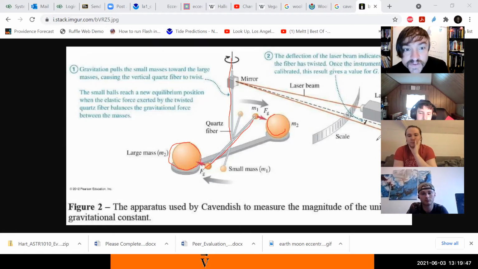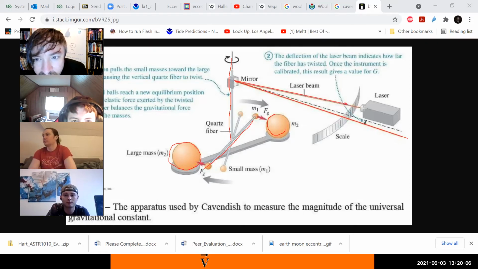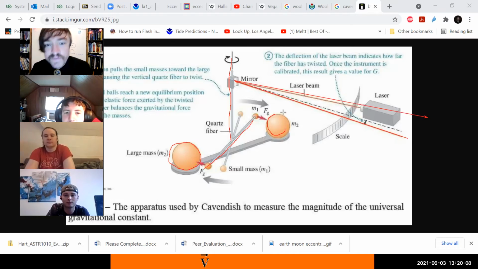And here's the genius of geometry coming into play. The spheres did exert some gravity on the smaller spheres, and they gave it the most microscopic of little tugs. But he could measure this microscopic tug because you can shine a laser onto a mirror, and even if the deflection is microscopic, the laser, as it travels farther and farther away from the experimental apparatus, the beam will separate more and more.